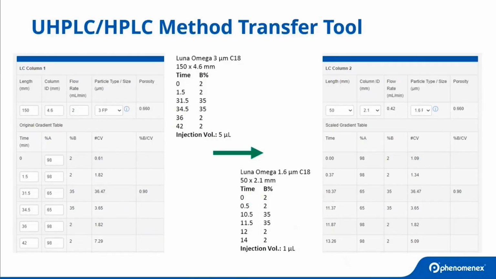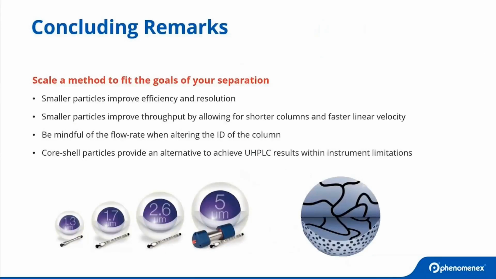So this brings me to my conclusion. Just be mindful that smaller particles will generate higher rates of efficiency, ultimately generating greater resolution. As a result, smaller particles are a means by which to improve throughput by allowing for shorter columns and certainly faster linear velocities.